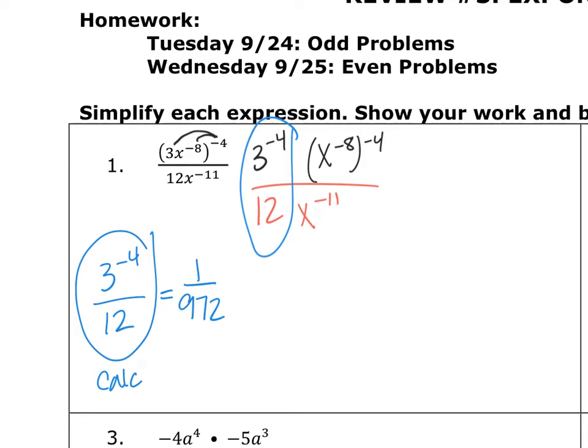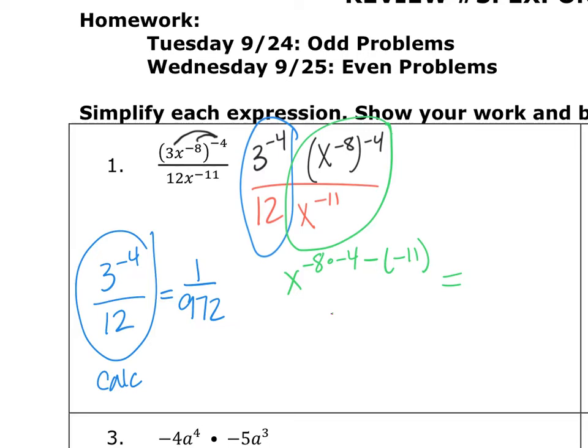Then, for my letter, I have x to the -8 times -4 over x to the -11. Remember, anytime we have division, I'm actually going to subtract. So I'm going to erase that bottom part and add this back in to the top. So over here, I have x to the -8 times -4 minus -11.